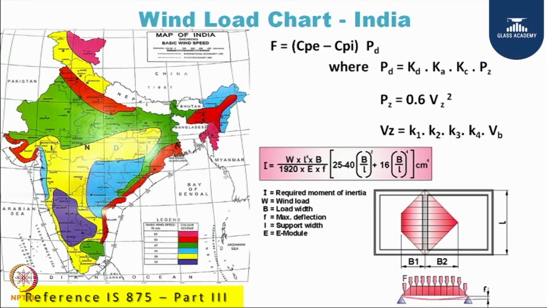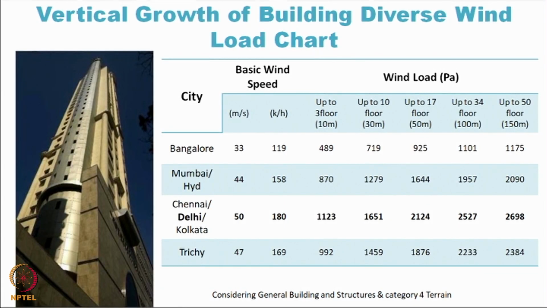To give you a perspective on how the wind load varies in a city, this is the next slide. If you look at the basic wind speed, which is the second column, it ranges from 33 to 50 meters per second.